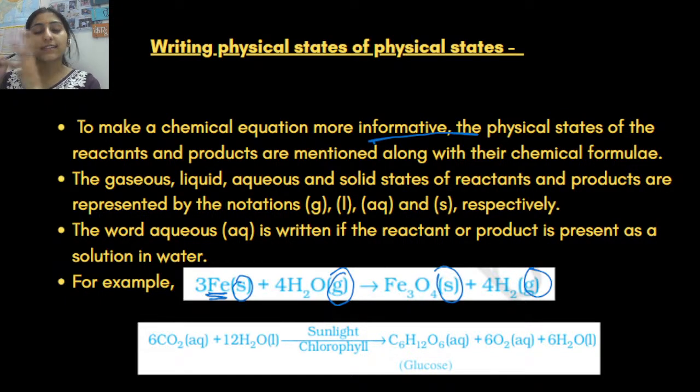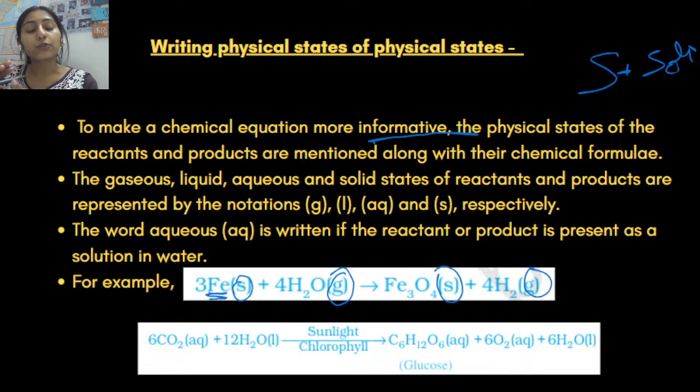What these symbols are indicating is that iron is present in solid form, which is represented by S. So S represents solid form, and G represents gaseous form. Water is introduced in the form of vapors, or we can say it is present as moisture in the air, and it results in the formation of iron oxide.